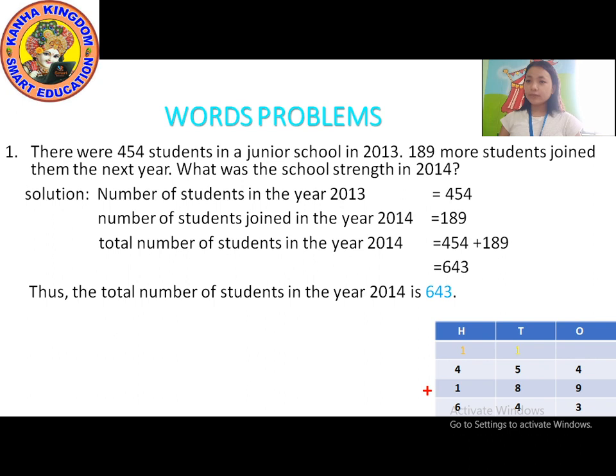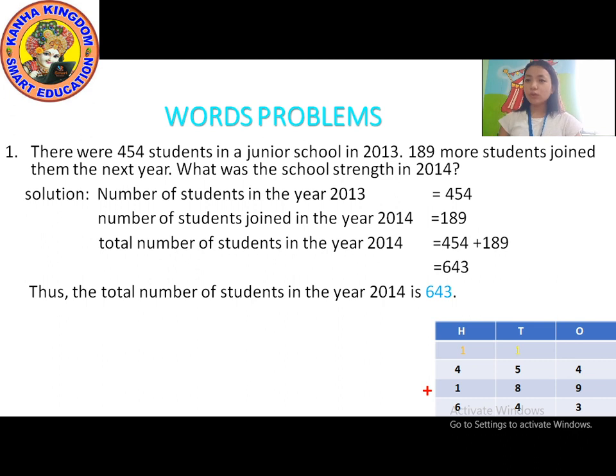So while adding the tens column, 8, 5 and 1. 1 is a carryover which we carried over from the ones, right? So while adding the tens we get 14, right? So write 4 in the tens column and carry over 1 to the hundreds column.